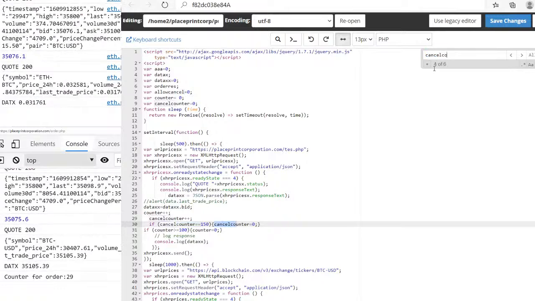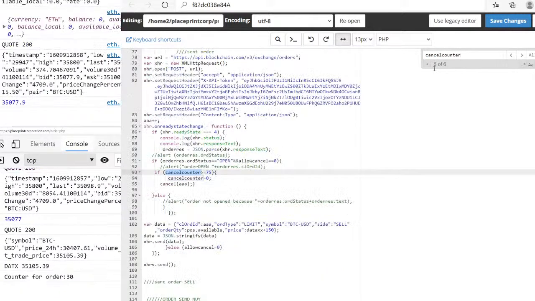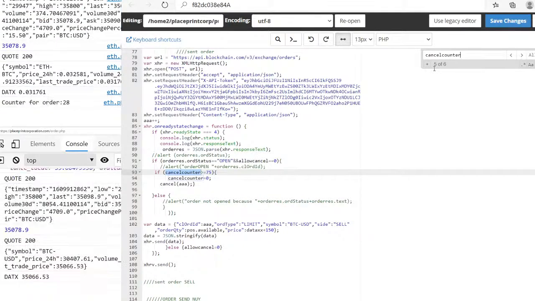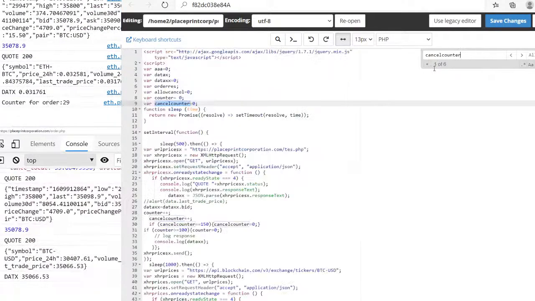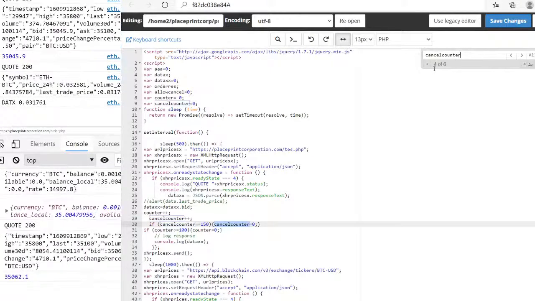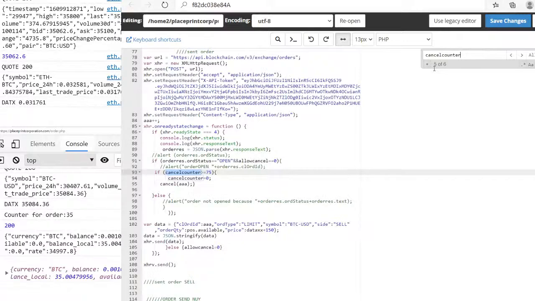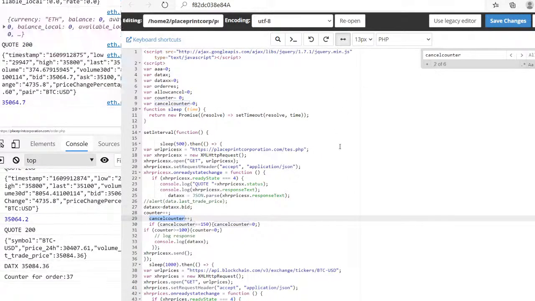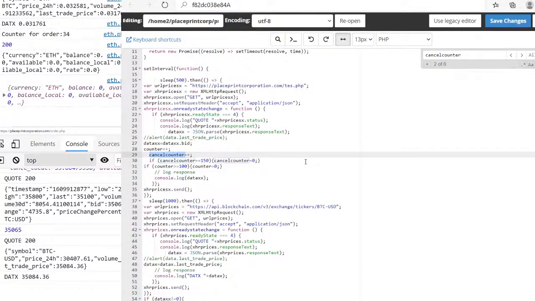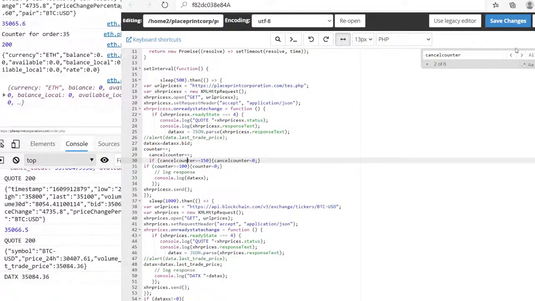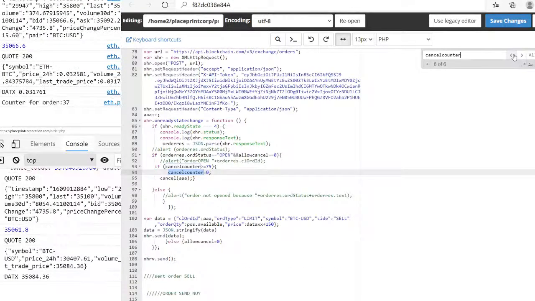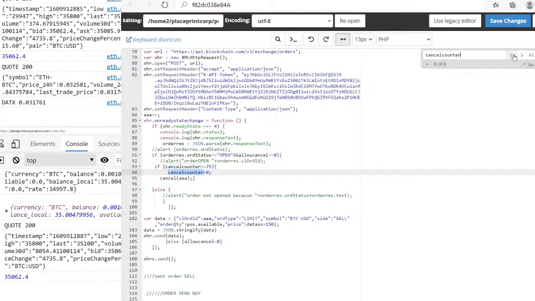Just do cancel counter. If it's greater than 75, okay, it's not going to get triggered there. It will get triggered there. It won't get triggered there from this change. Okay, because now if cancel counter equals 75, cancel.